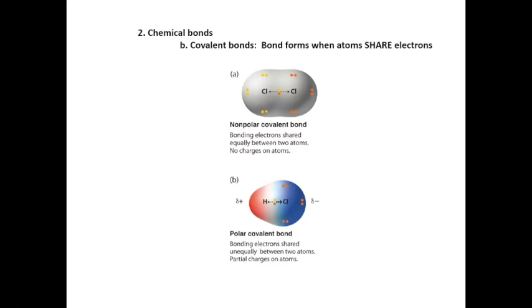And this is important because we need molecules that are made primarily of carbon and hydrogen. Fat molecules are primarily carbon and hydrogen. The electrons are equally shared.